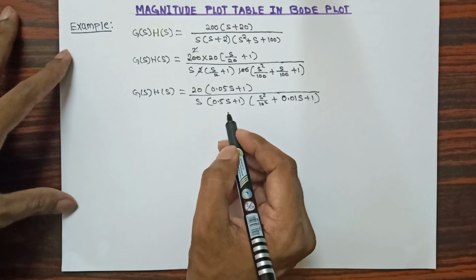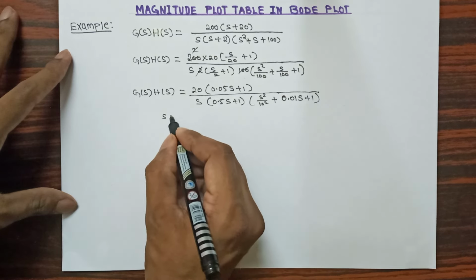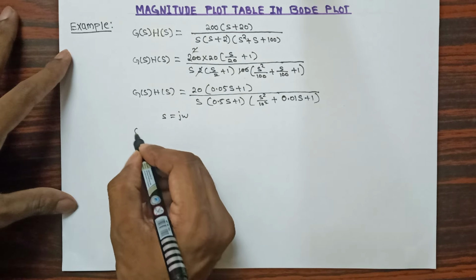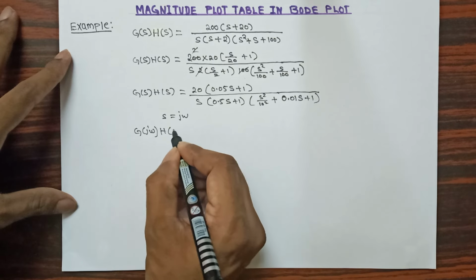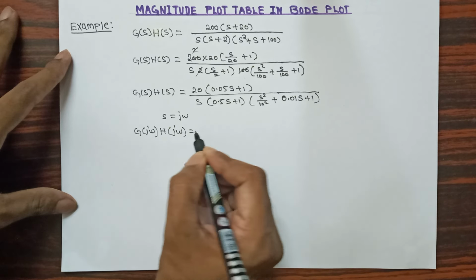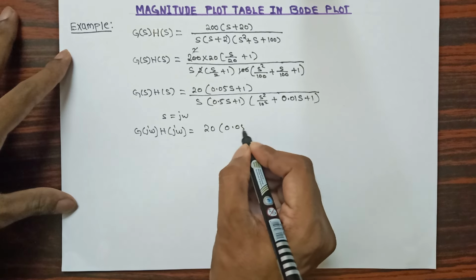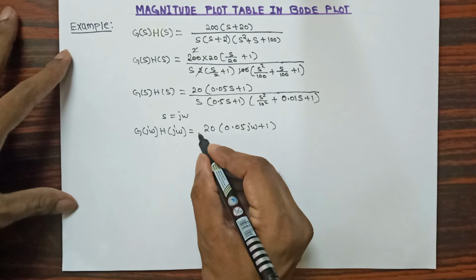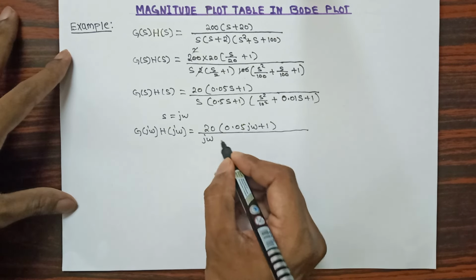The next step is to substitute s is equal to j omega. So here G(j omega)H(j omega) is equivalent to 20 into (0.05 j omega plus 1) divided by j omega.